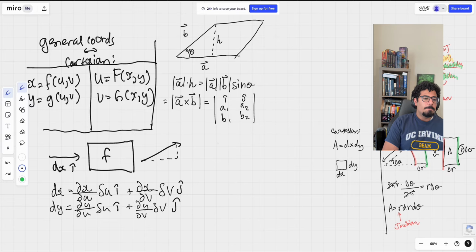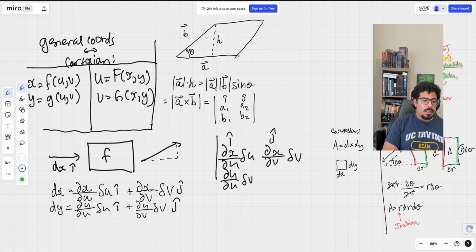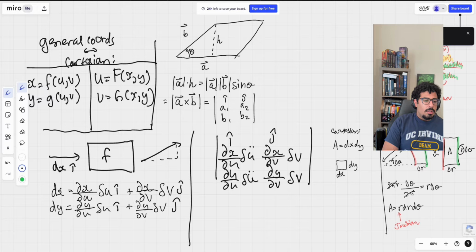So let's plug this in. i hat, j hat, partial x partial u delta u, partial x partial v delta v, partial y partial u delta u, partial y partial v delta v. And this equals, basically we're taking the determinant, so we're just cross multiplying it. We don't need this i hat, j hat.